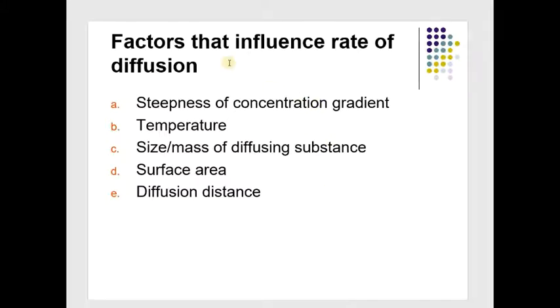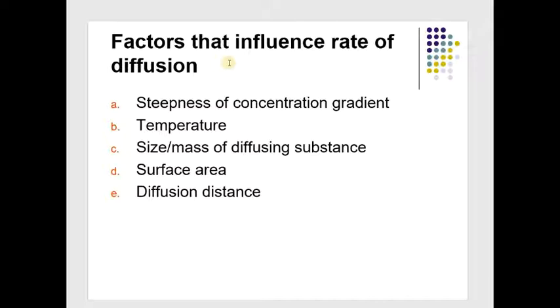Diffusion has many different factors that are going to influence the speed. The steepness of the concentration gradient: if you have 100 on one side and nothing on the other, they're quickly going to move in order to make it 50-50. Temperature: the warmer it is, the faster molecules move, so the faster we're going to get to that equalization point.